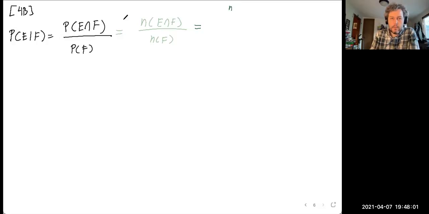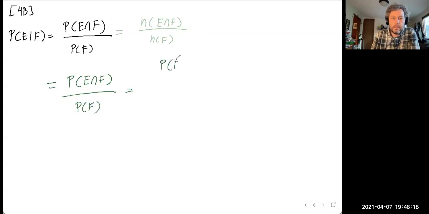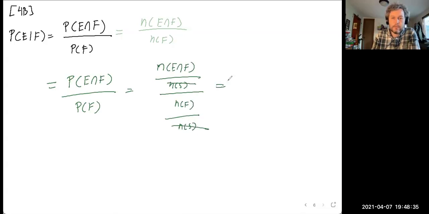Because by probability, I'll prove this once and then we'll never look at it again, the probability of E and F over the probability of F would technically be the number of E and F over the number in the sample space, over the number in F over the number in the sample space, and it cancels.